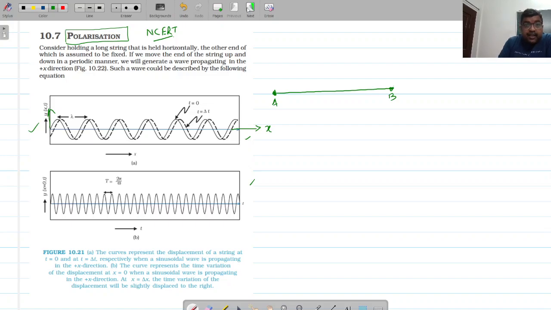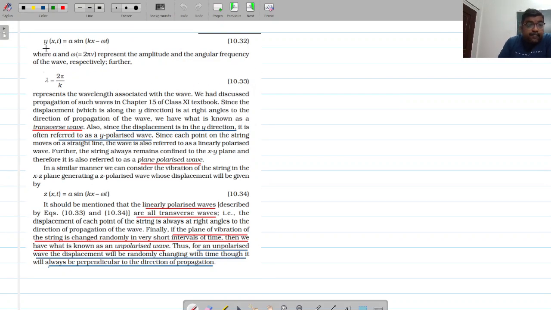Now the wave equation: since the particles are vibrating along the y-axis, this is the equation of the displacement of the particle, y. y is a function of x comma t, and it is equal to a sin(kx minus omega t), and this we have learned in class 11.